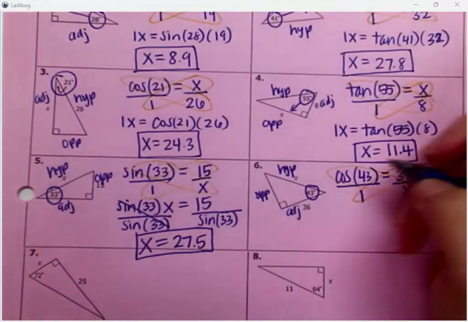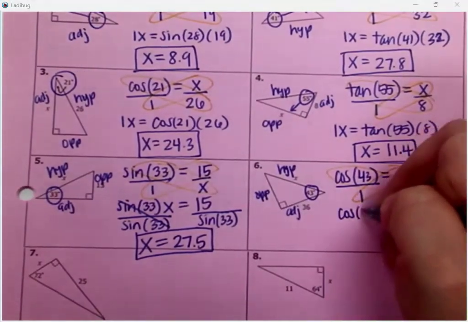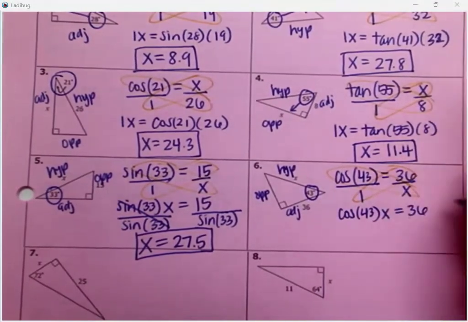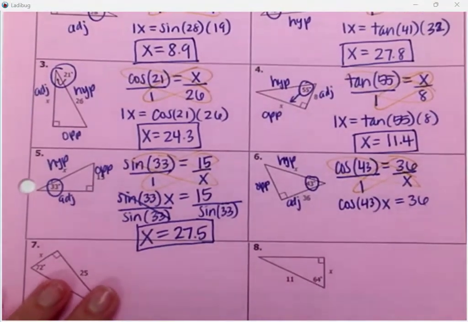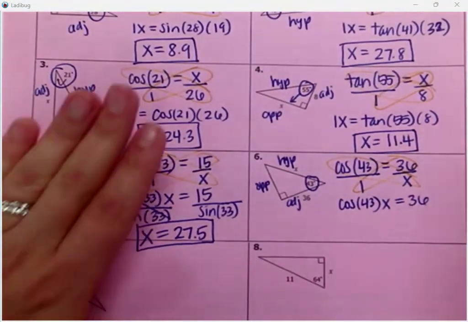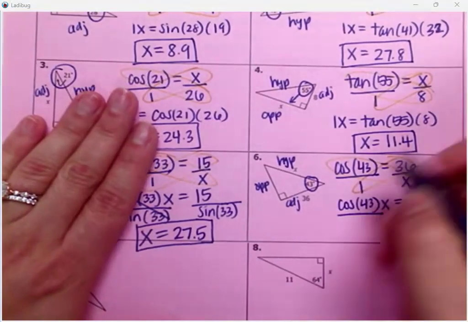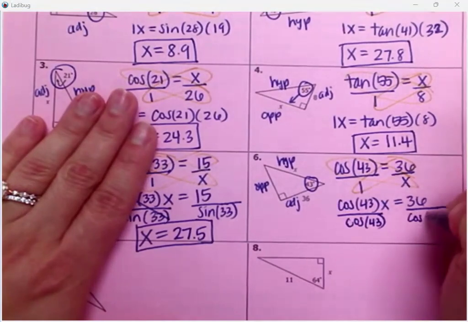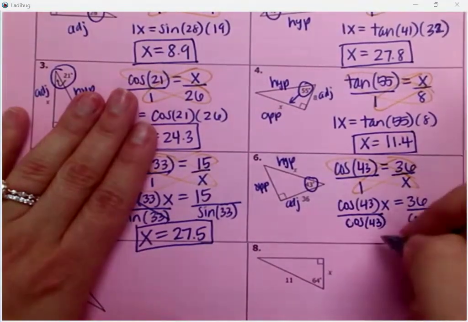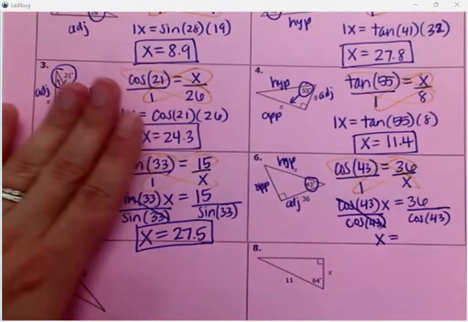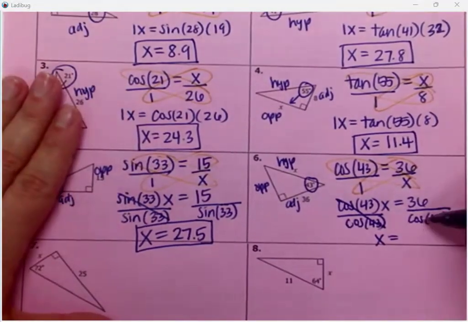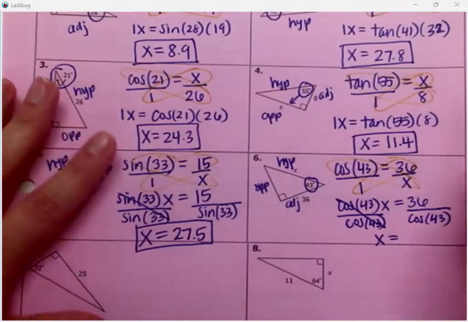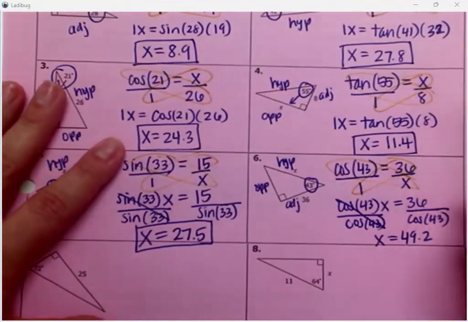So this will give me cosine of 43x equals 1 times 36 is 36. What is the next step? Divide by cosine of 43 to both sides. So if we put that into Desmos, 36 divided by cosine of 43, what do we get as our x value? 49.2.